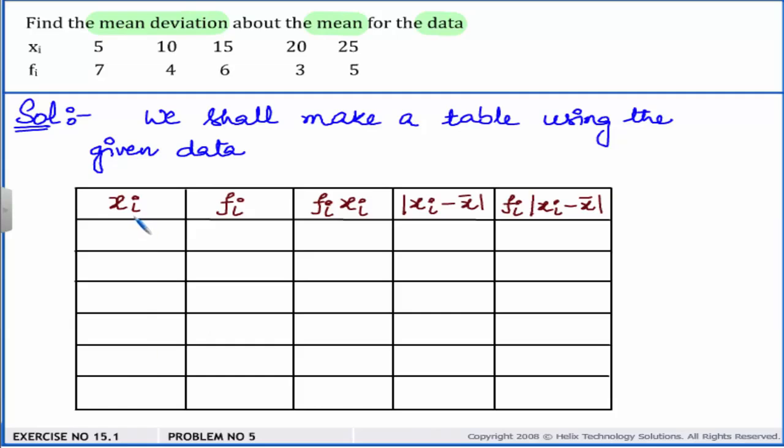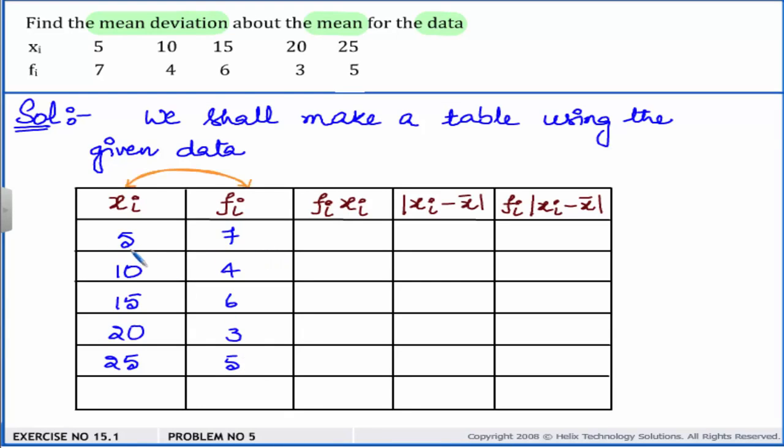In this, the first column is the number of observations, which is given to be 5, 10, 15, 20 and 25. And the respective frequencies are 7, 4, 6, 3 and 5.